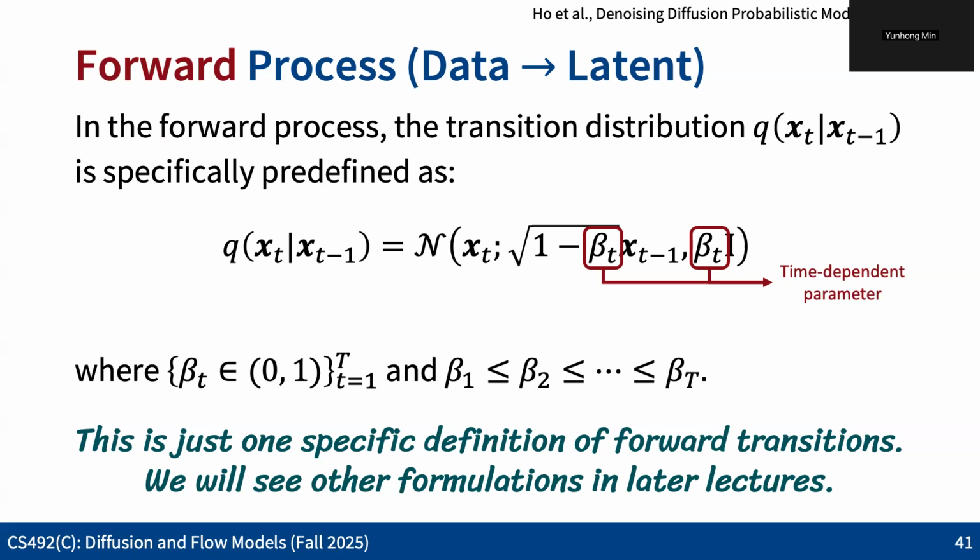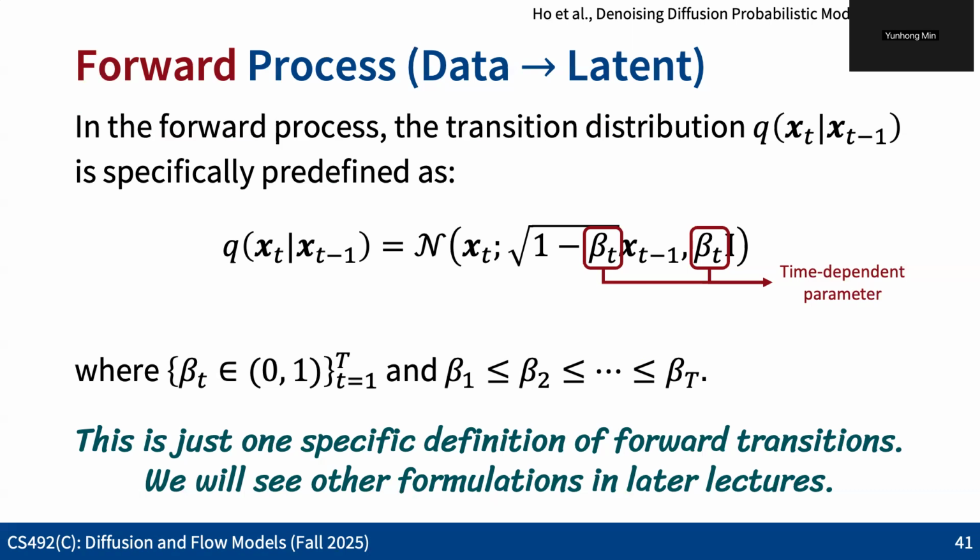But as you increase beta t here, we are adding some small Gaussian noise while shifting the mean to be closer to zero, right? So this is doing some kind of shifting to get closer to zero, while slightly adding more Gaussian noise.